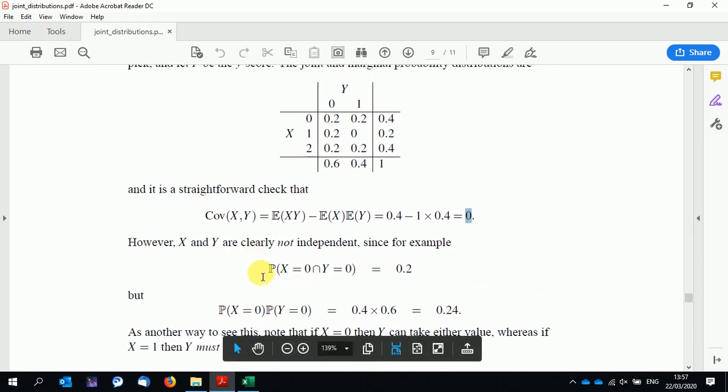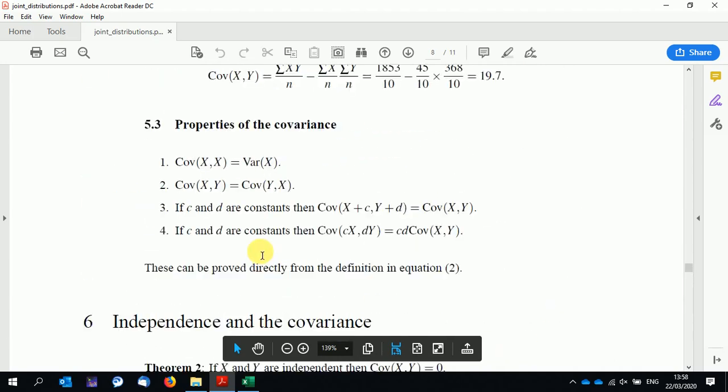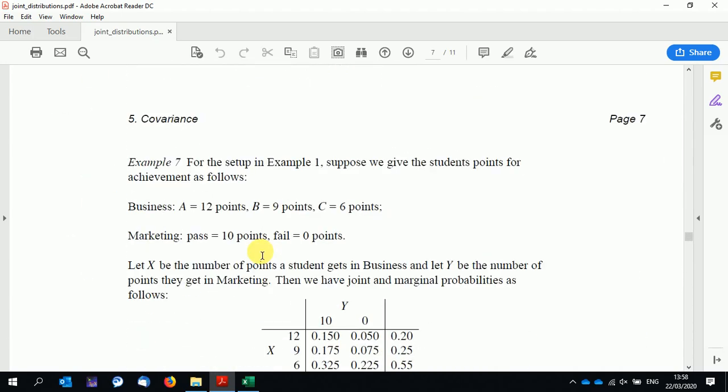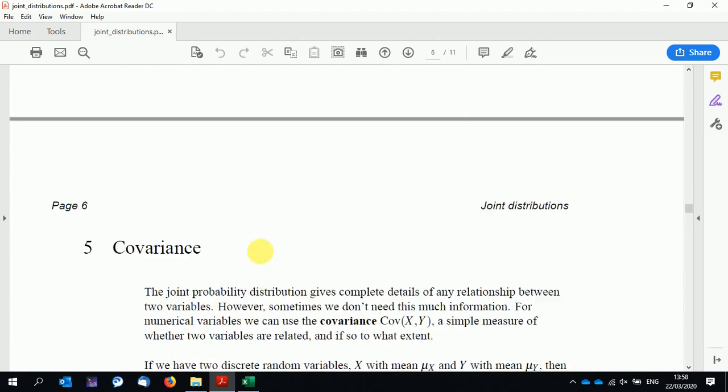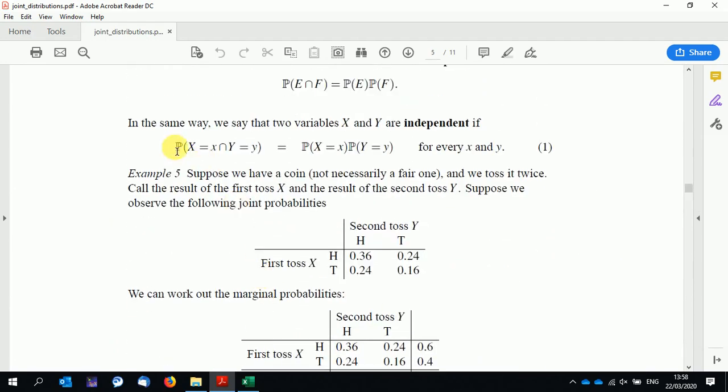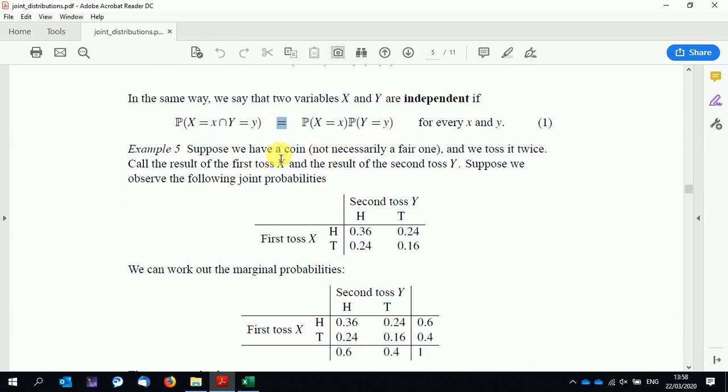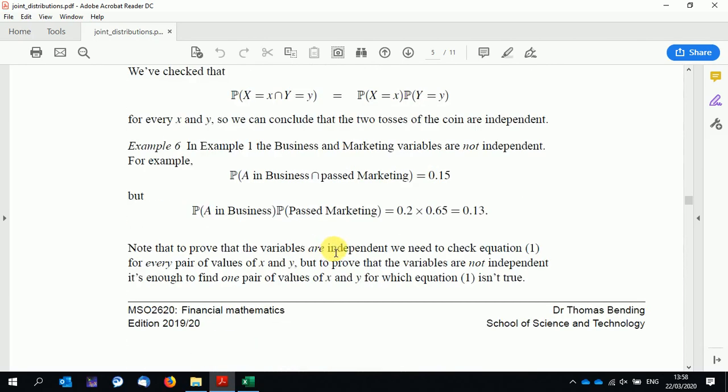So for independence, this is what I'm trying to check here: this left hand side equation and right hand side equation, only if they are equal can I say they are independent. So let's try to find this one and this one and see.